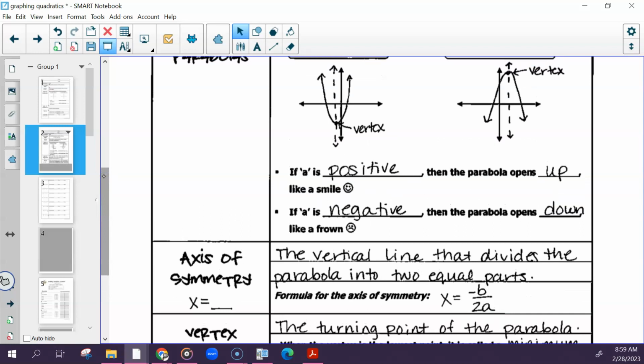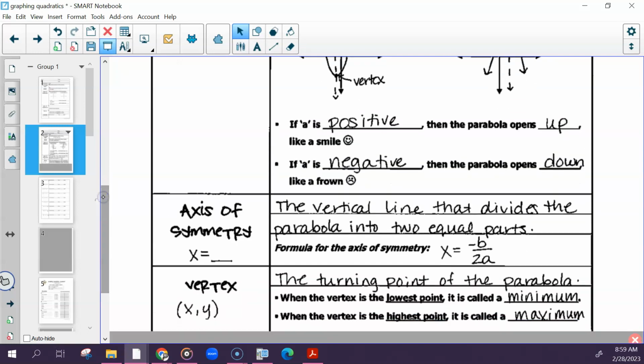The axis of symmetry. It's a line that basically splits your parabola in half. So basically, if you know what an x-intercept is on one side, it should mirror on the other side. Whatever this y value is, it should be the same on this value, and so on and so forth. So that should help you when graphing these.